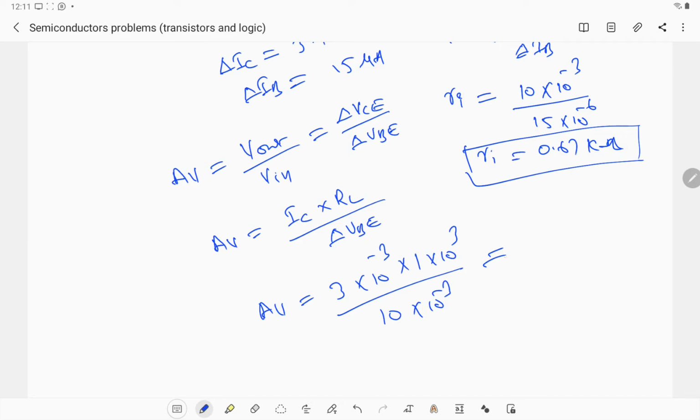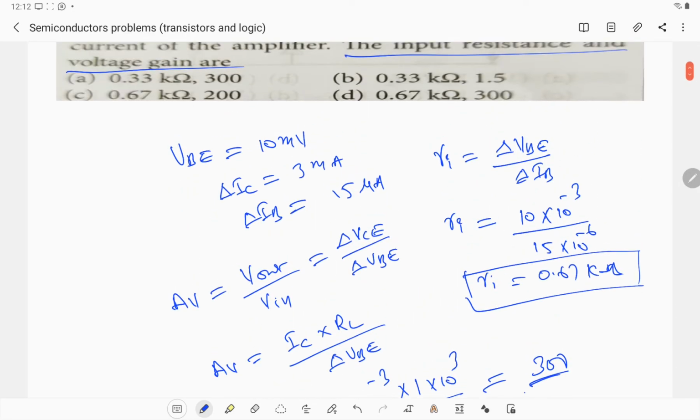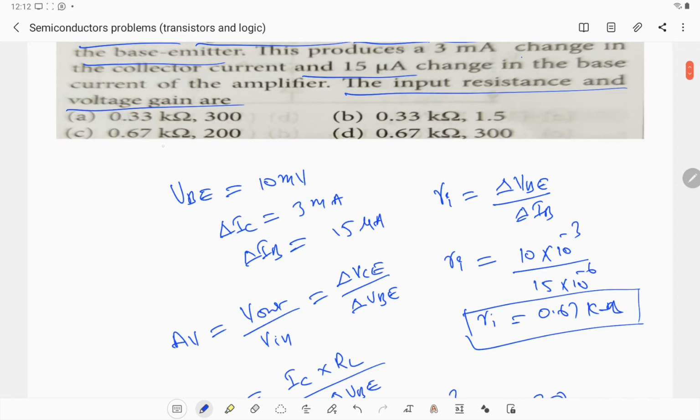This becomes 300. Therefore voltage gain is 300, input resistance is 0.67 kilo ohms and 300. Therefore D is the correct answer.